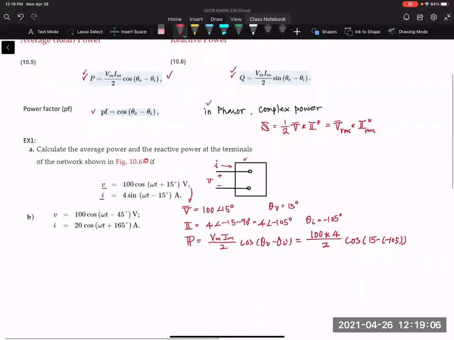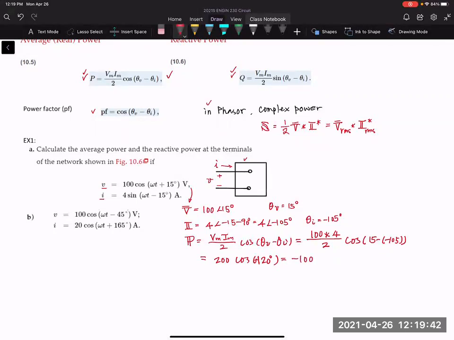So then you get the real power. The real power is going to be 200 times my cosine of, negative 120, oh no, it's not negative, positive 120 degrees. If you use your calculator to find the solution, this will be equal to negative 100.